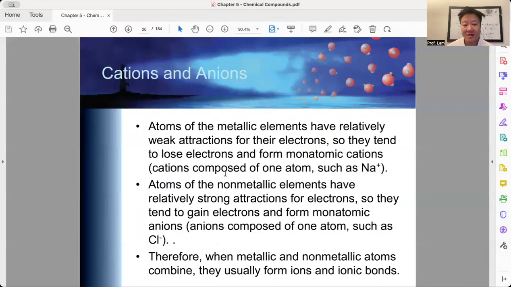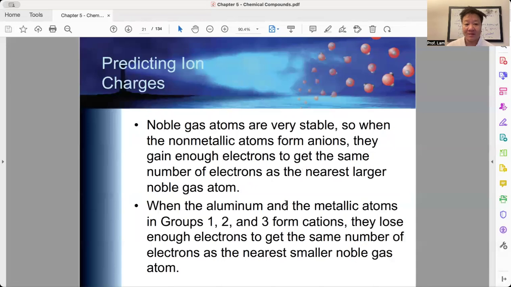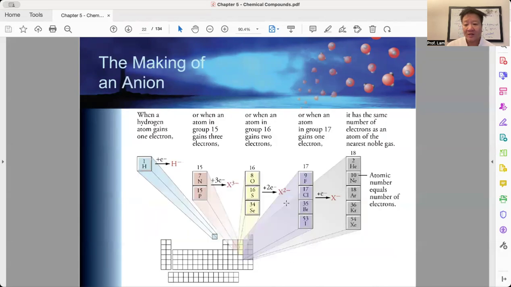All right, so let's talk about cations and anions in a little bit more detail. We already did introduce this in the previous chapter, but let's do some more. How to predict charges. You're going to use your group 8A, the noble gases, in order to figure out what charge things make when they do ionic bonding.